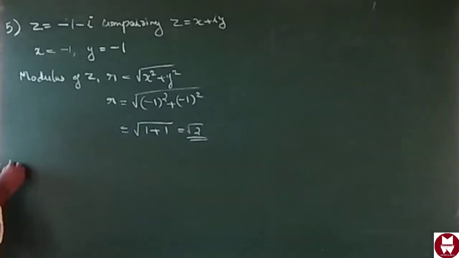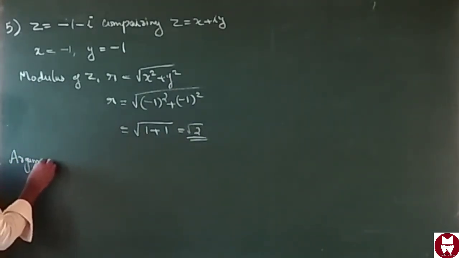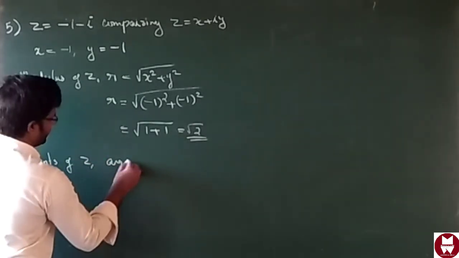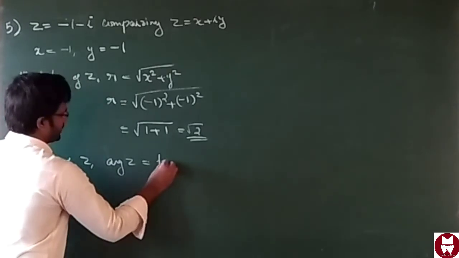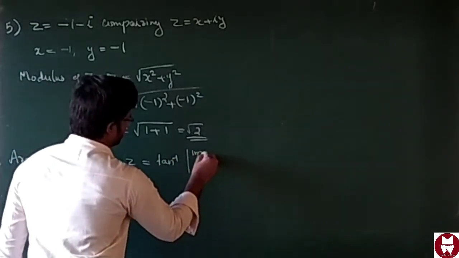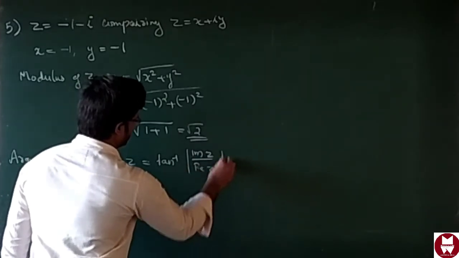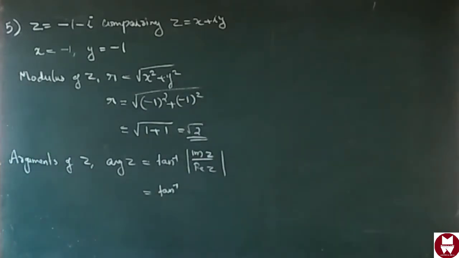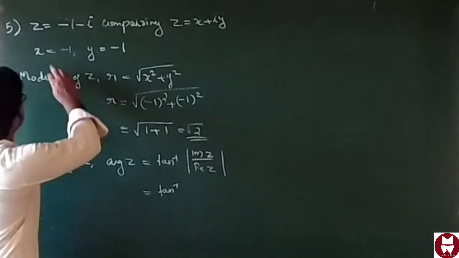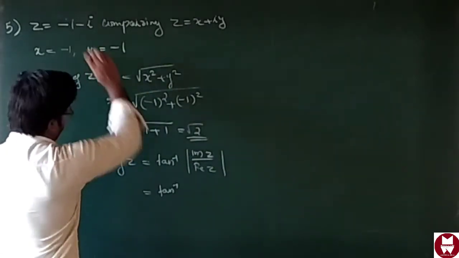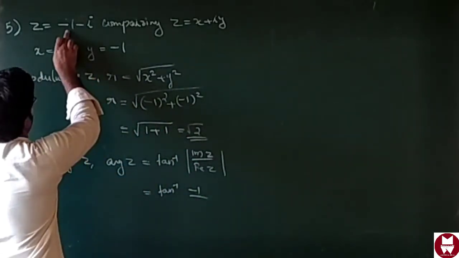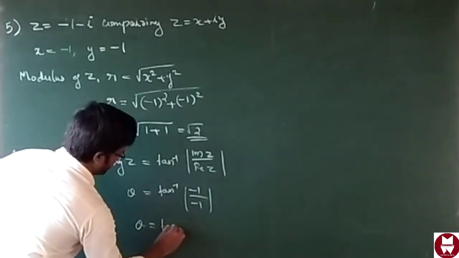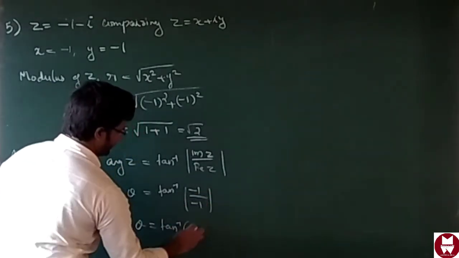Now we can find the argument of z, that is arg z equal to tan inverse of modulus of imaginary part of z divided by real part of z. Tan inverse of the imaginary part of z, that is minus 1, divided by the real part of z, that also minus 1, equal to tan inverse of minus 1 divided by minus 1, 1.